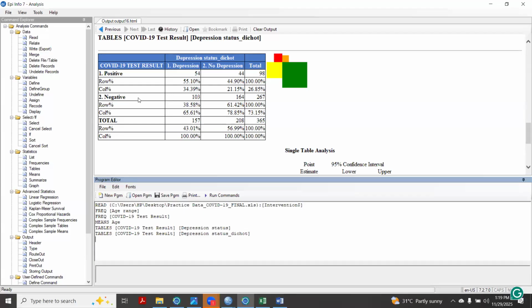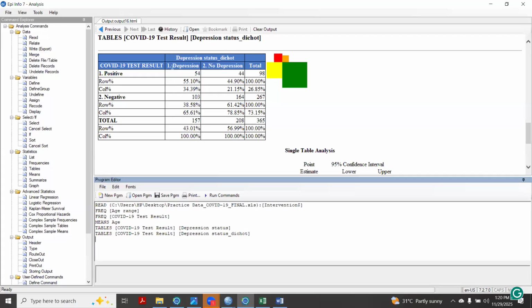And I mentioned to you that we are using row percentages, not column percentages. We're using row percentages because for the depression status, we have two values, depression and no depression, and both are inside the depression status. You use column percentages when you have two distinct groups.